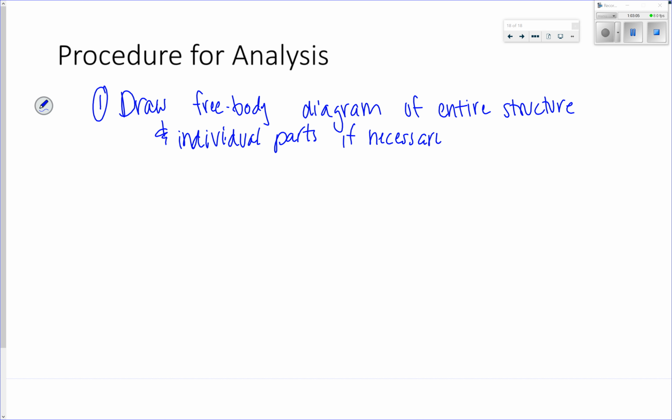Definitely start with your entire structure, and then you're going to maybe break it down into individual parts. 2, count your unknowns, sorry, like your reactions.